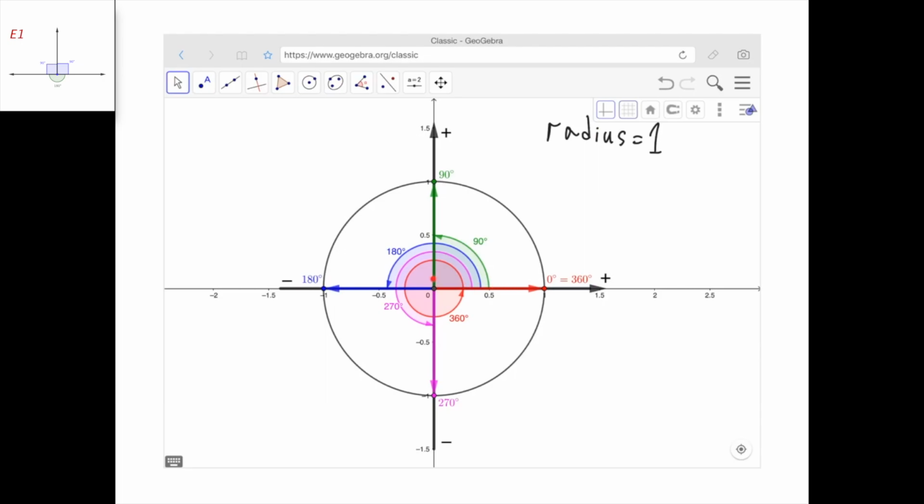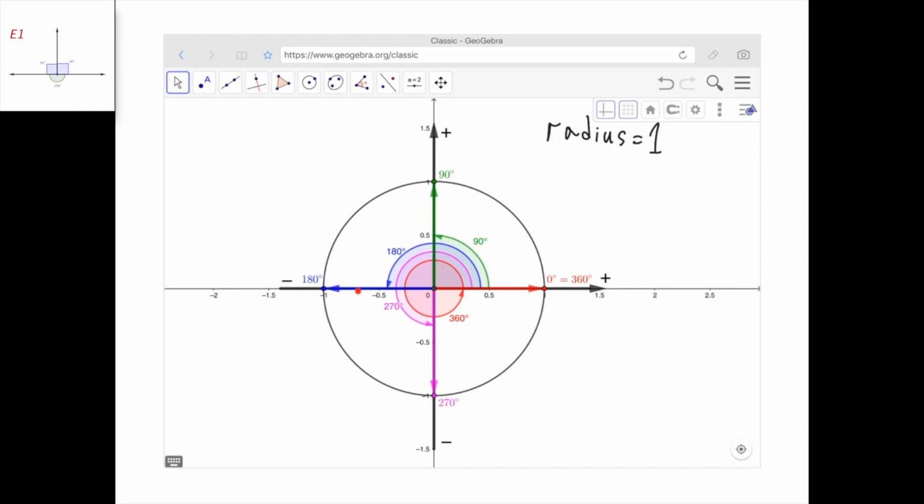For example, if this is our second ray, it makes a 90 degrees angle with the 0 degree ray, with the first ray. So this angle is 90 degrees. Therefore, we can associate this point here to this 90 degree angle. You can imagine starting to count the 90 degrees from here, climbing to this point, so rotating counterclockwise.